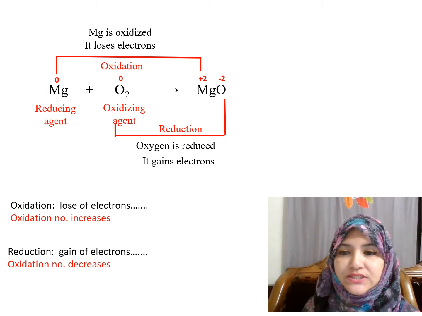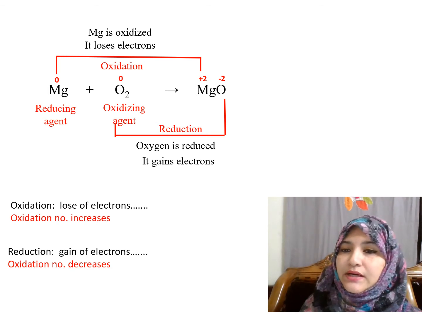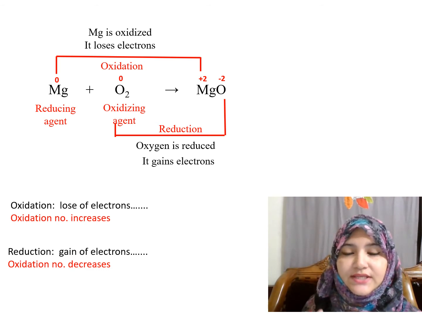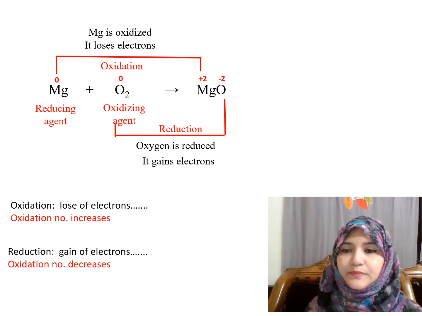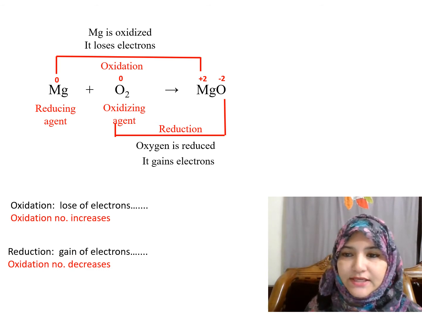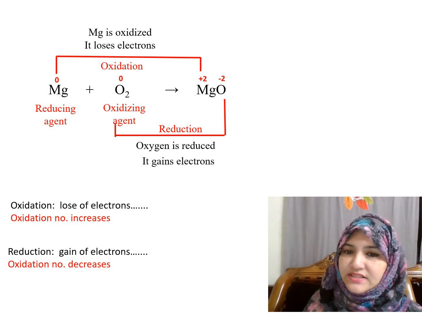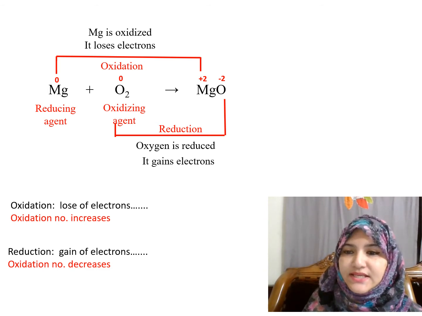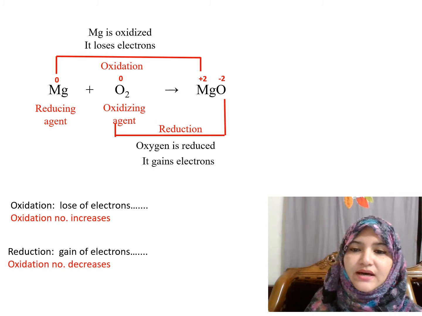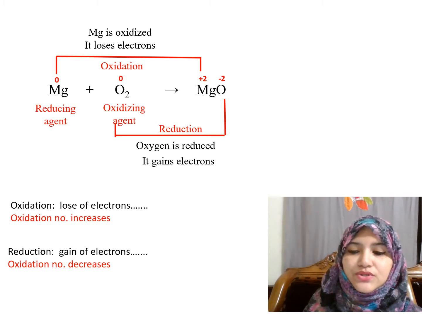The substance that is oxidized is known as the reducing agent. Very important term. The substance that is oxidized is known as the reducing agent or reductant, and the substance that is reduced is known as the oxidizing agent or oxidant. Metals are reducing agents because they will cause the other substance to be reduced.